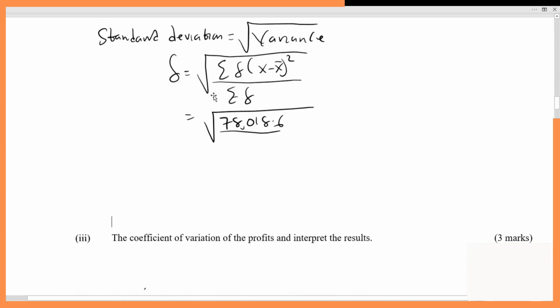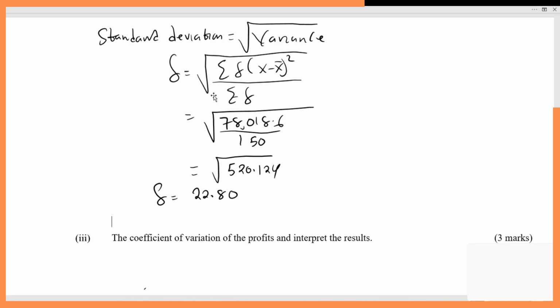You divide by 150. 78,018.6 divided by 150 gives me 520.124. Square root of that, so my sigma is 22.806.